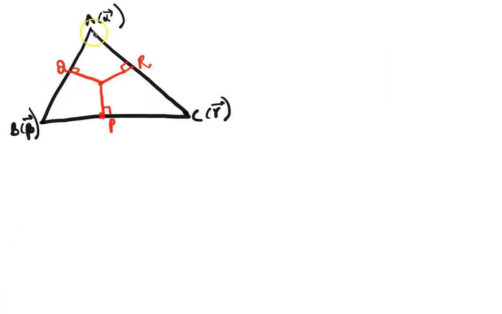Okay, let's prove it. So we have a triangle ABC. O is the circumcenter such that OP is the perpendicular bisector of BC, OR is the perpendicular bisector of AC, and OQ is the perpendicular bisector of AB.